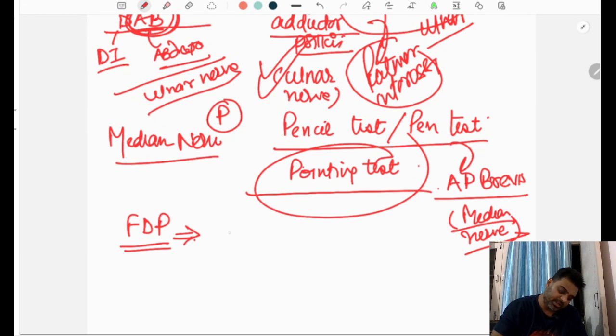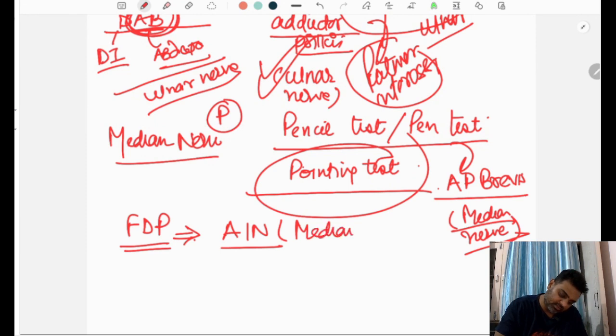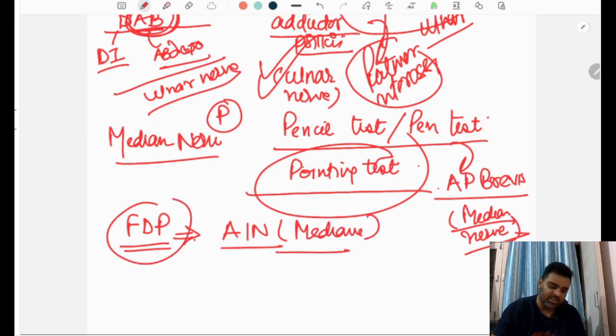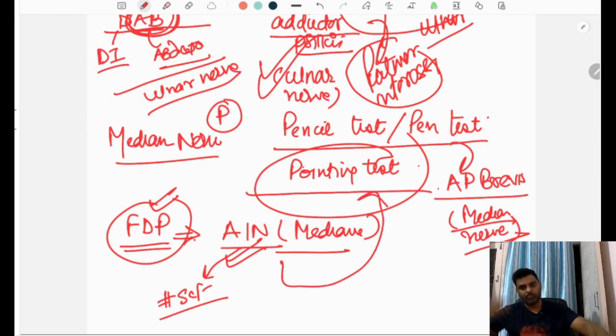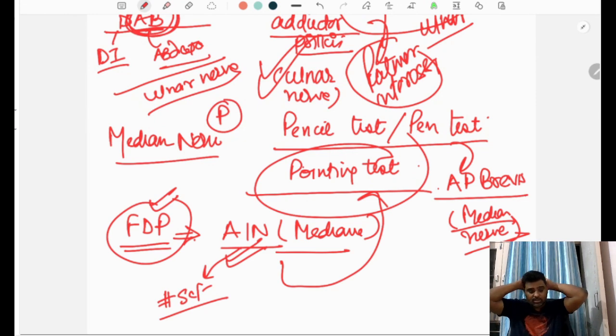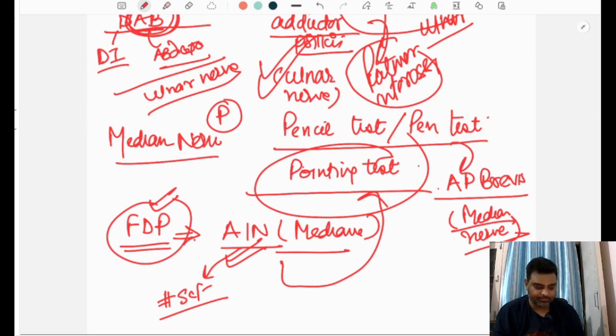It is supplied by the anterior interosseous nerve, which is a branch of the median nerve. So there is a problem in flexor digitorum profundus because of a problem in the anterior interosseous nerve, which I have told you is the most commonly injured nerve in supracondylar fracture. So this will be the pointing test. If they ask you the pointing test is done for which nerve, it is the median nerve.